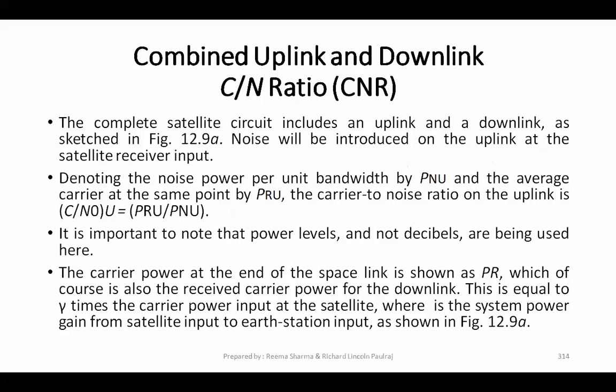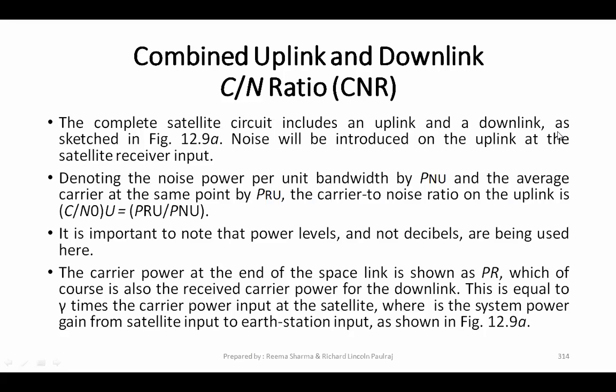Today we will concentrate on getting both the parameters combined, your uplink and downlink, which we term as the combined uplink and downlink. In short, it is sometimes also referred to as CNR. The complete satellite circuit includes an uplink and downlink.